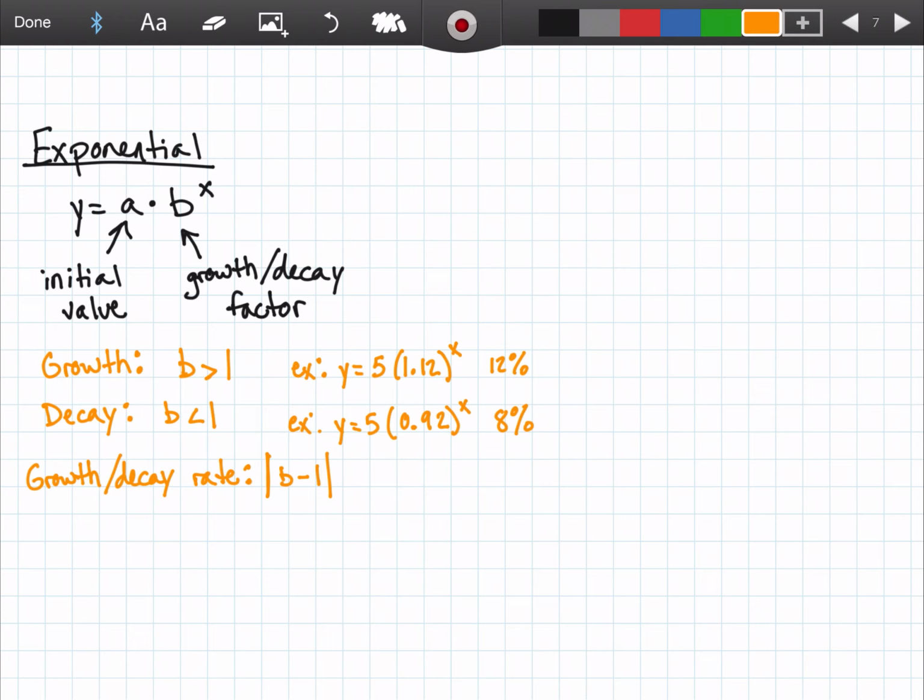As far as we're looking at tables, you're going to multiply or divide each time by the same number, and so you might also hear that referred to as a constant factor.